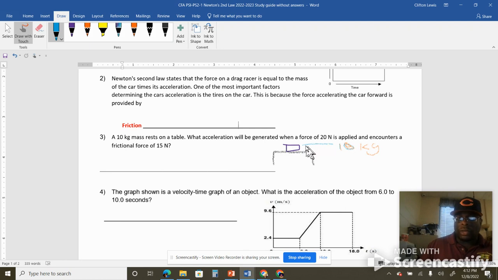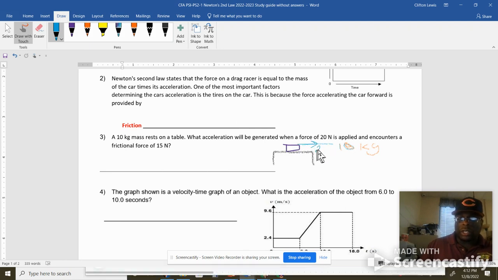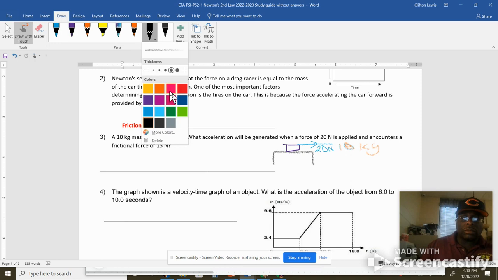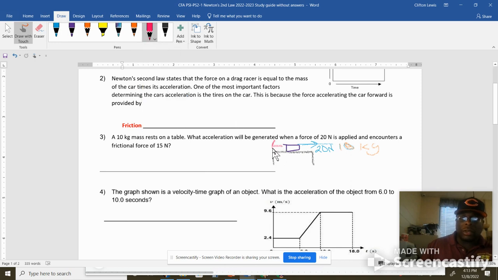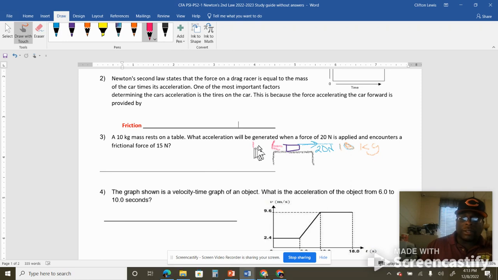So the force, let's say, is going this way. The force applied is 20 newtons. And the counterforce, which is the friction on the table, slowing it down, is going to be 15 newtons.